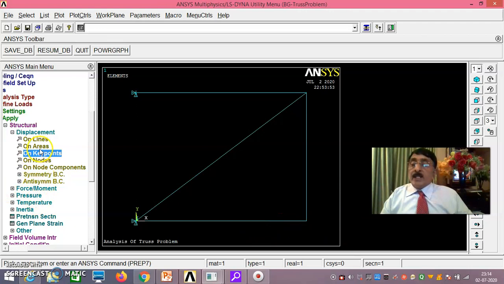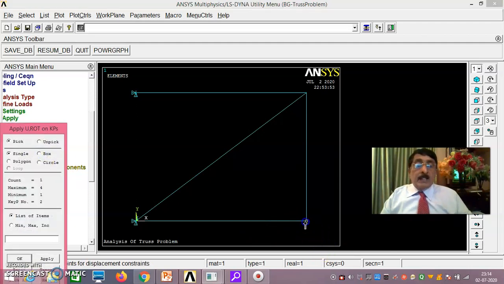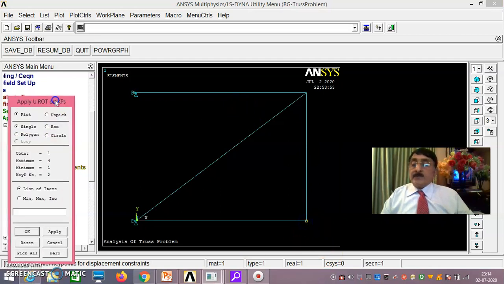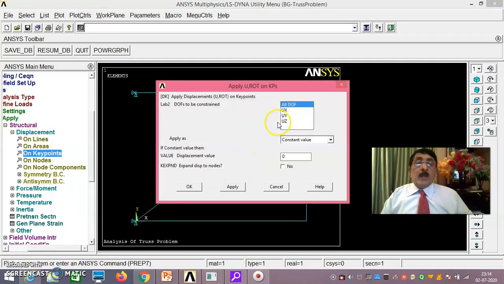For that, under structural displacement on key points, I'll click on this, say OK, but I don't arrest all degrees. I'll arrest UY and UZ only, but the movement in the X direction should be there because it's a roller support.